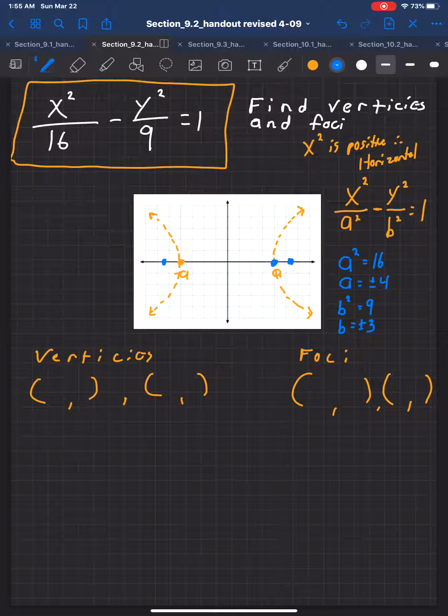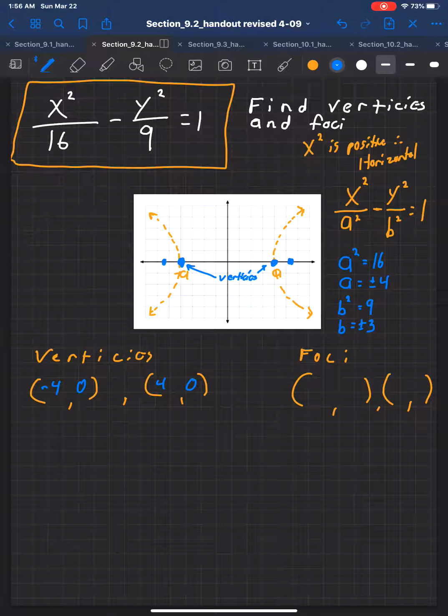There's only two vertices. Right here and here are your vertices, so at A and negative A. That's easy enough. All I have to do is write those as points: negative 4, 0, and 4, 0. There's my vertices. And there's only two more points that I need for this problem.